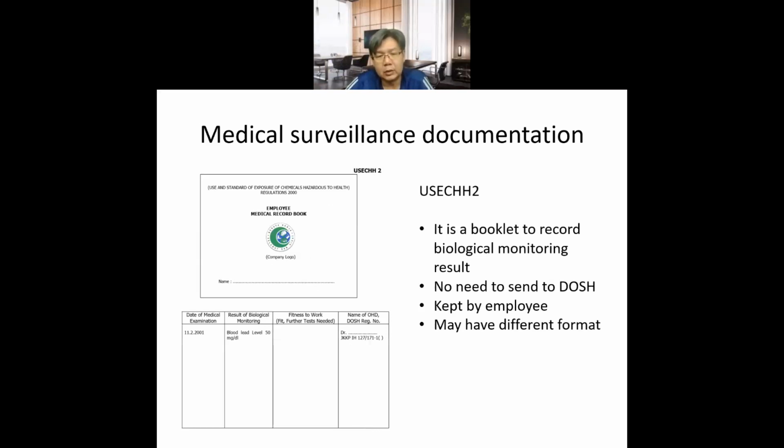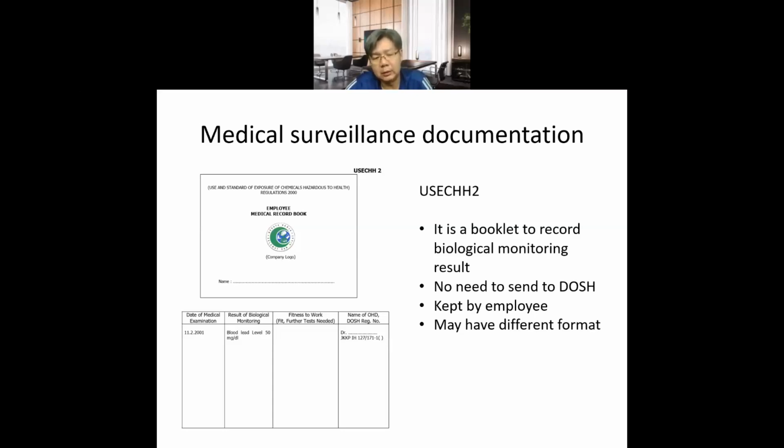Use two is a small booklet we call the biological monitoring result. I think this is useful. However, the employer does not prepare this. Most of the time, they don't prepare this for the workers. Anyway, usually at this point, all the OHT, after they carry out the medical surveillance, will send the report back to the company.